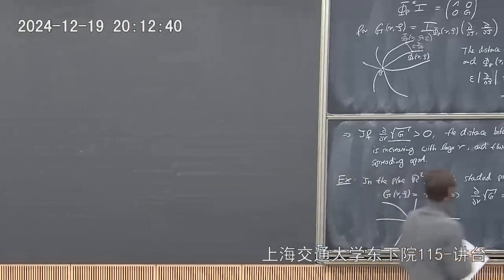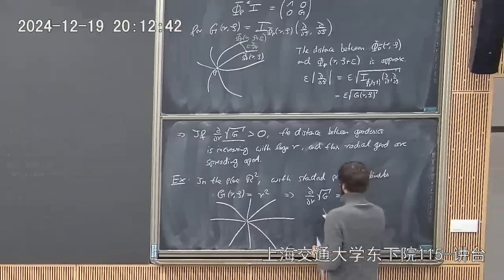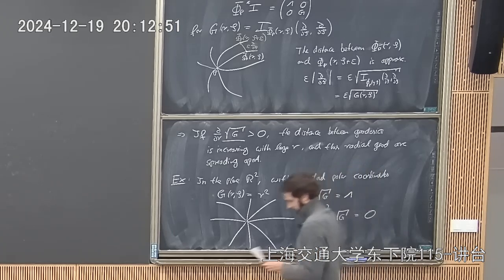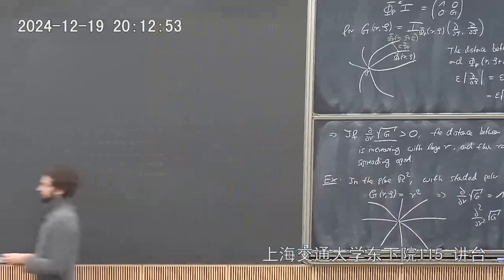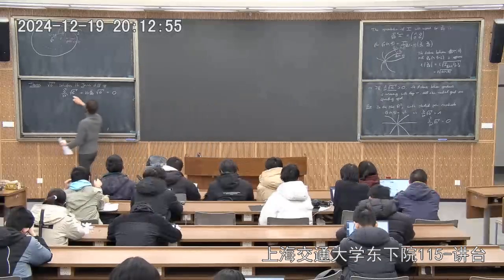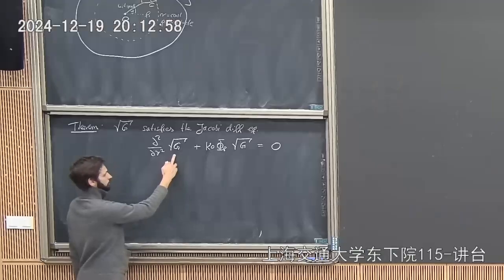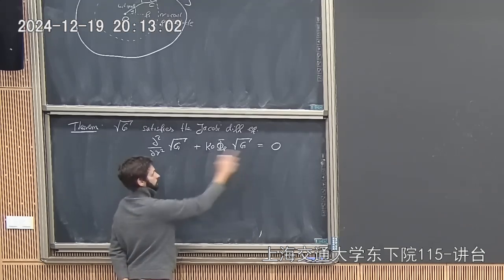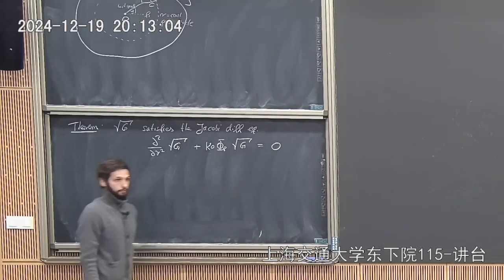Just to check that over here, let's say you take the second derivative of the square root of g, we actually get 0. And this is consistent with this fact. In this case, we get 0 here, but also the Gaussian curvature of the plane is 0. So trivially, this equation is satisfied for the plane.